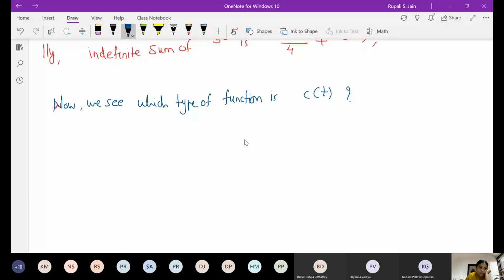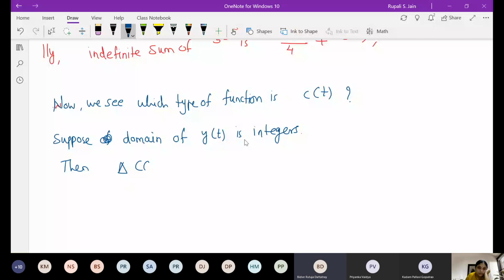So suppose my domain of y(t) is integers. Then what is delta c of t?